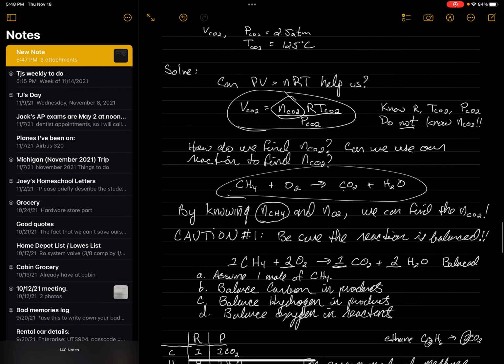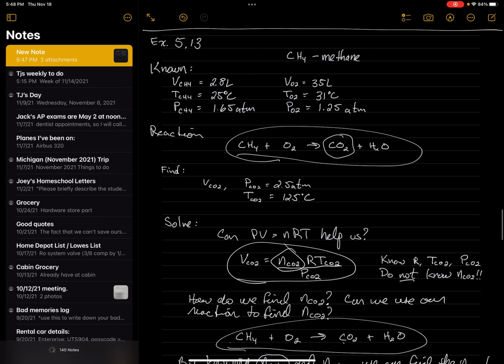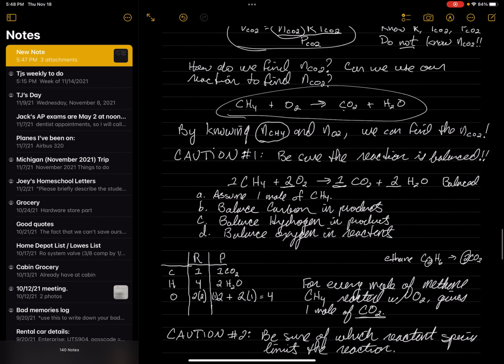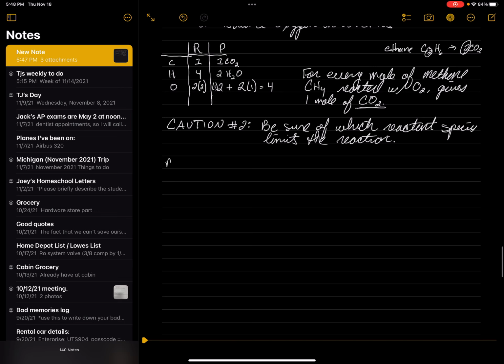okay? So in order to determine what the limiting reactant is, I now need to calculate the number of moles of methane based on this information and the number of moles of oxygen. And so I can say that the number of moles, n CH4, of methane is equal to the pressure of methane times the volume of methane divided by the gas constant times the temperature of methane. Okay?